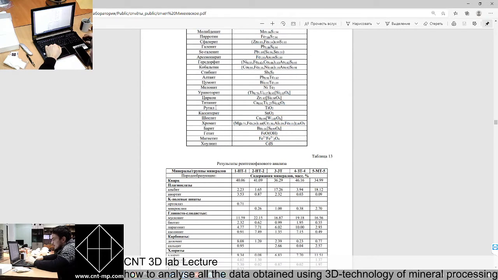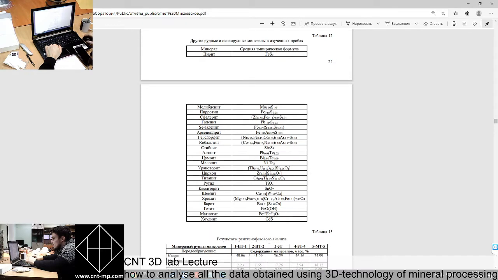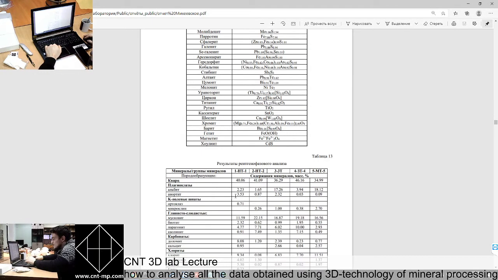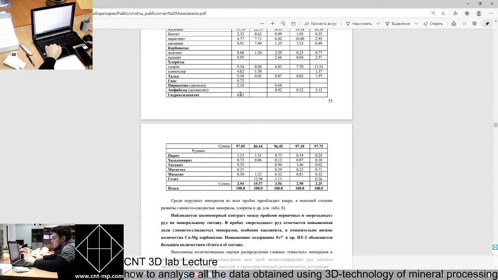I don't know of any technology which allows observing so rich a mineralogy from just 2 kilograms of sample. This is the result of X-ray diffraction analysis. That's what I'm talking about.